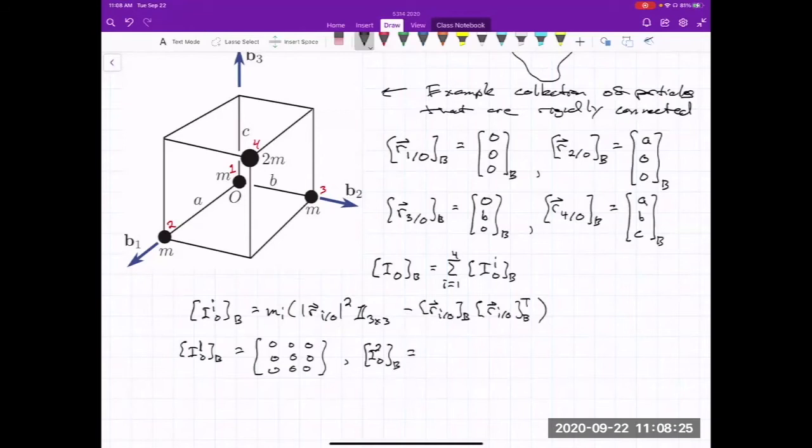Well, its distance is A, and so its distance squared is A squared. And what's its mass? Just M. So we have M times A squared times the 3 by 3 identity matrix, minus R2O times the transpose of that, R2O.